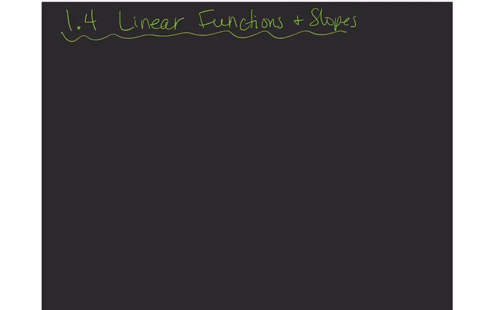So for 1.4 we have linear functions and slopes. Today we're going to make sure we know how to find slopes and what the definition of slope is for linear functions.